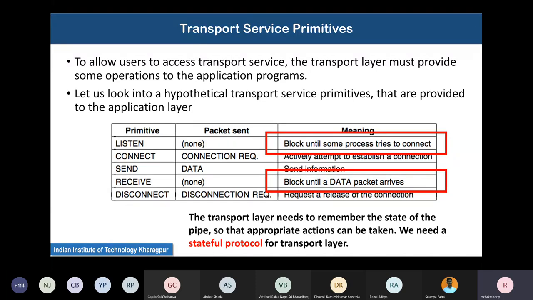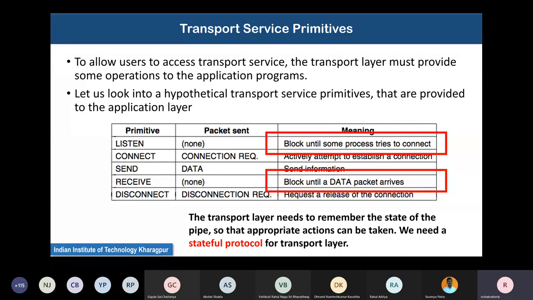Then there is to-and-fro data transfer once the connection is established between both sides. Remember, typically the TCP connection is bidirectional, just like in a telephone, where both the parties can talk with each other. Similarly, once the TCP connection has been set up, there is no distinction between the sender and the receiver.